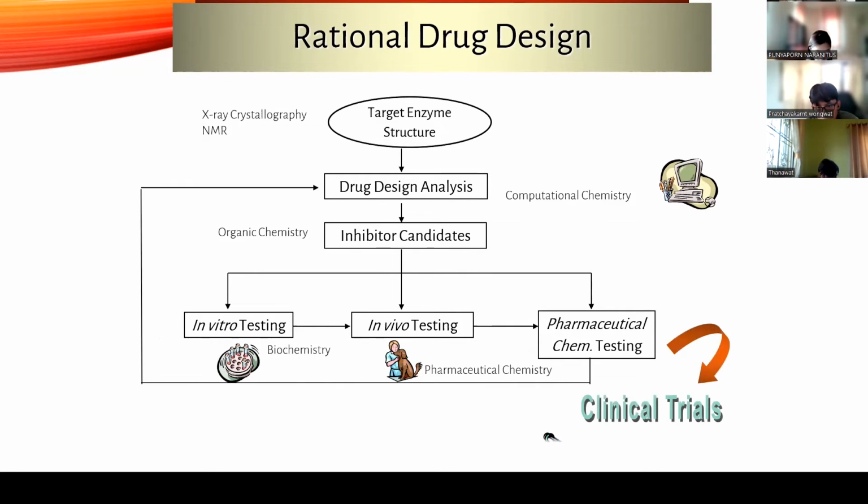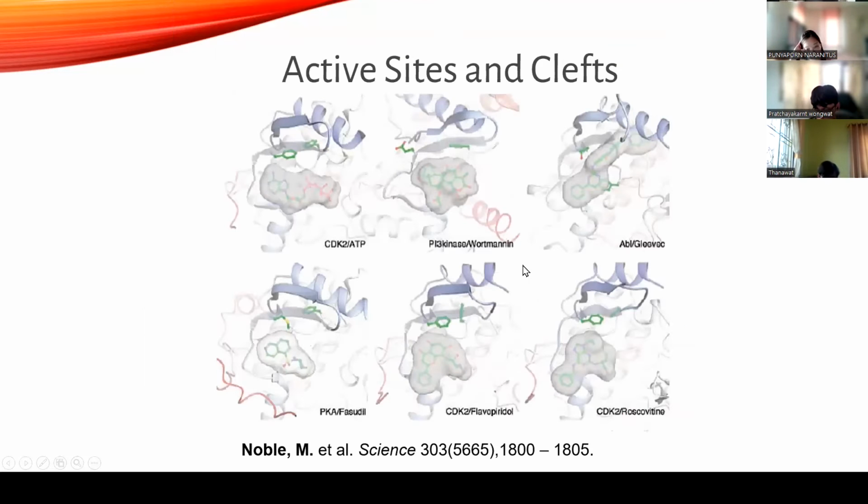So the process repeats so many times, and the process may take up around 17 years for one drug and cost around 1.3 billion US dollars per one drug to be discovered. And structural bioinformatics is here. So we start from learning target enzyme structures and help with this process of drug design analysis to help computational chemists understand better the structures of the protein.